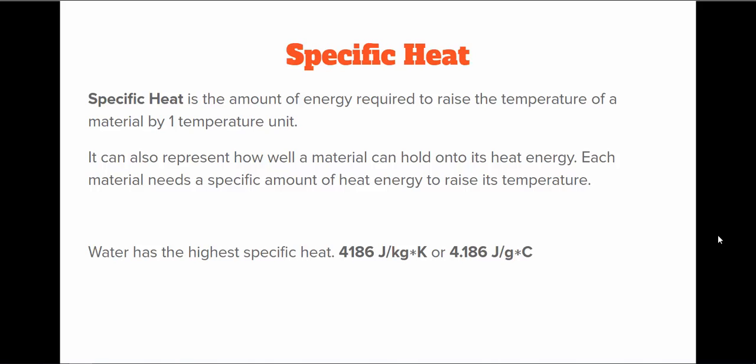And that number also depends on what temperature scale you're looking at. For example, water is 4,186 joules per kilogram Kelvin, or 4.186 joules per gram degrees Celsius. So it's the same number, but just changes based on our unit.